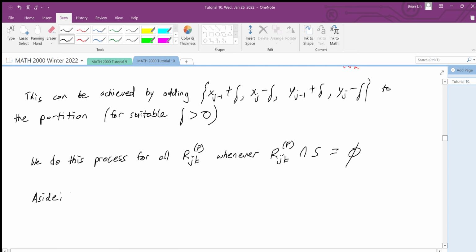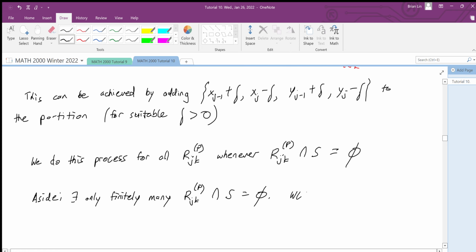Aside, there exist only finitely many R_jk^P that intersect S which are empty, because there are only finitely many R_jk^P in the first place.